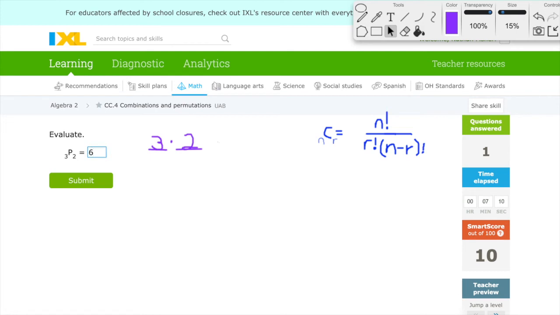Let's talk about permutation a little bit more because we went so quick through that. Think about if I was in my classroom and we'll use the same numbers for this case. Let's say I have 2 desks to put students at, but I have 3 students that need desks.